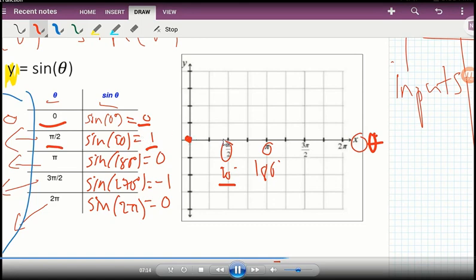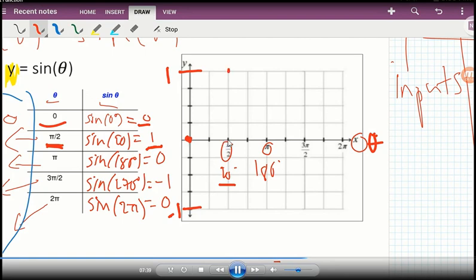So I go out pi over 2, 90 degrees basically, and then I go up basically 1. Now, I don't want to put the dot here because the graph would look way too small. And let's be honest, you wouldn't really be able to see it. So I'm going to go right here up to 1. And then same thing, I'm just going to go down here. If you notice, it's four steps. So 4 steps.